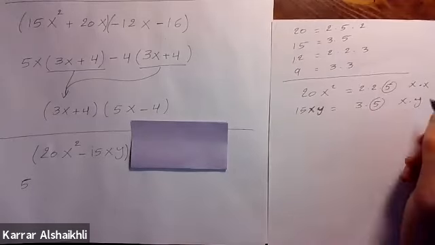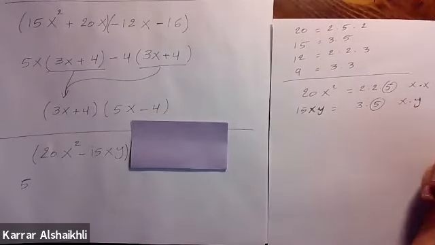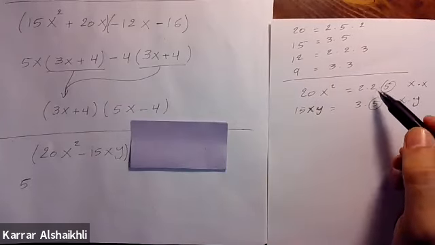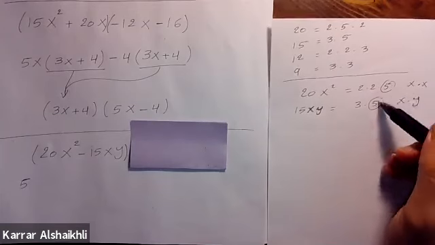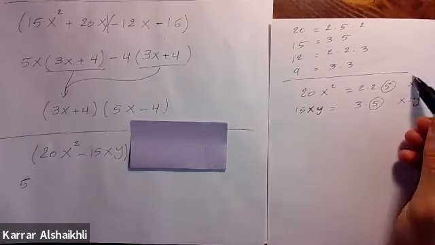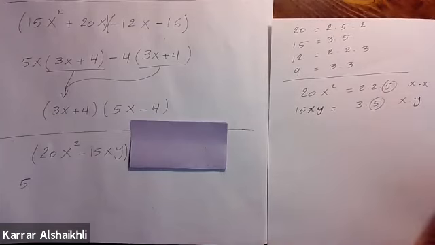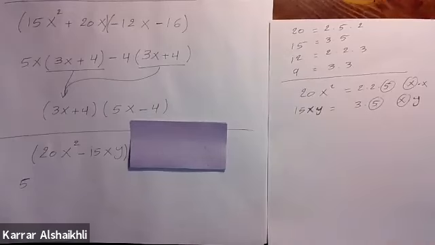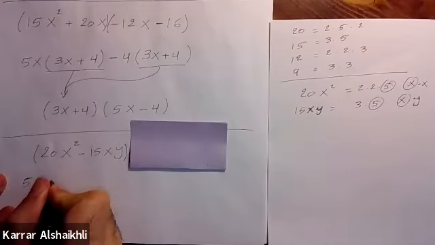Because you can't factor the x times y, you're just gonna write down x times y. Now tell me, the common with numbers is 5. Do you have common with variables? The x. So the common with variables is the x, so 5x.